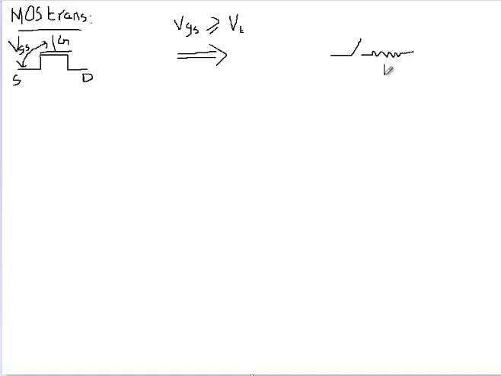So let us model the MOSFET something like this. Let's term it as R. We'll call this the source and this the drain. And we'll say the switch will get closed only when VGS is greater than or equal to VT.